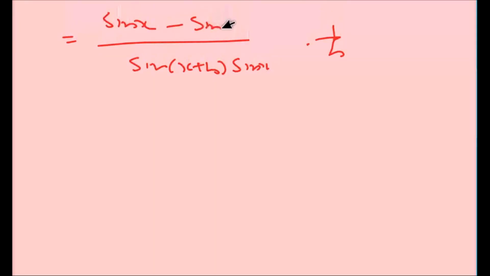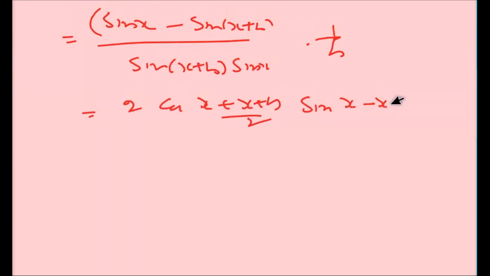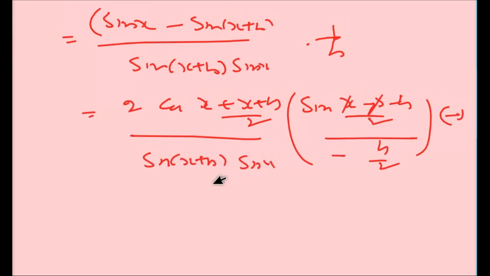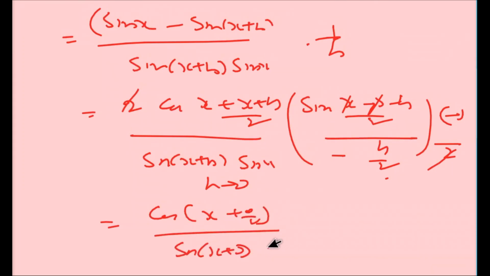sin x minus sin(x+h), so using sin C minus sin D equals 2 cos((C+D)/2) sin((C-D)/2), taking the minus, h cancels here, h cancels here, and multiplying here minus sin(x+h) sin x, taking the limit here, we can find this 2 is cancelled with this, multiplying by 2 and dividing by 2, so we are getting cos(x+0/2) upon sin(x+0) sin x into 1 into minus.